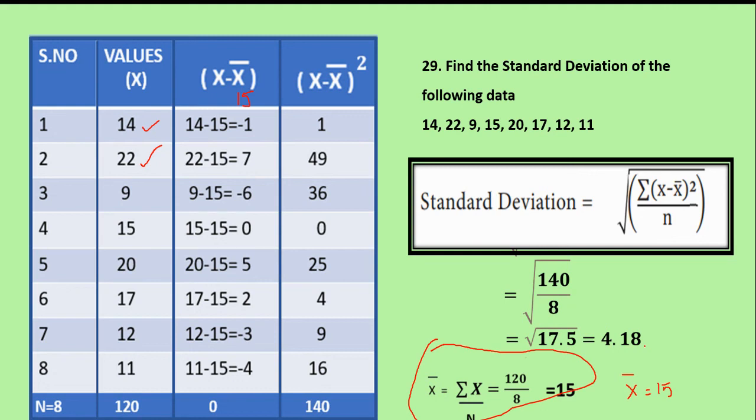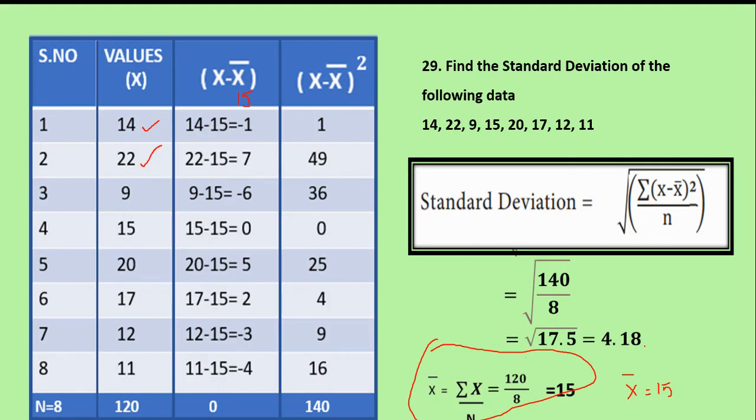In my textbook, it is page number 263, standard deviation. You have 2 examples. Example 1, calculate the standard deviation from the following data by the actual mean method. Then you have example 2, calculation of standard deviation using the assumed mean method.